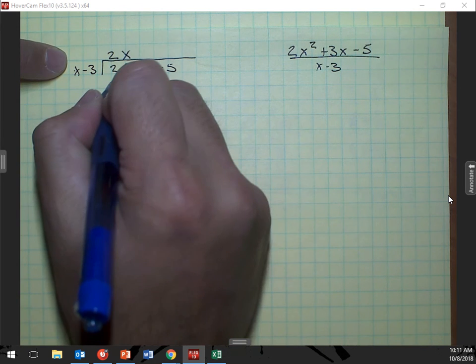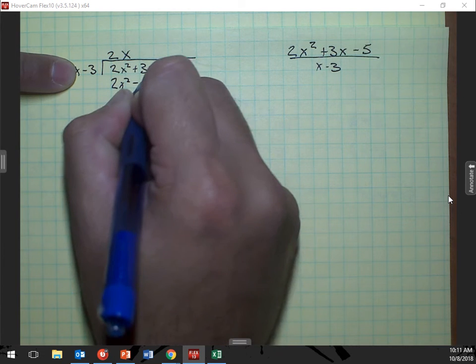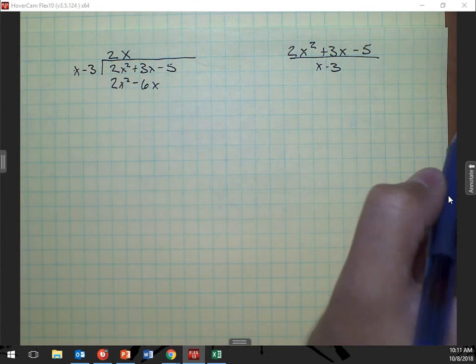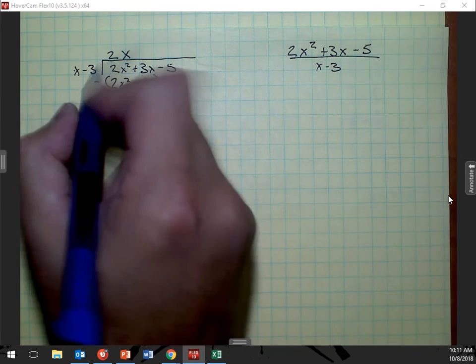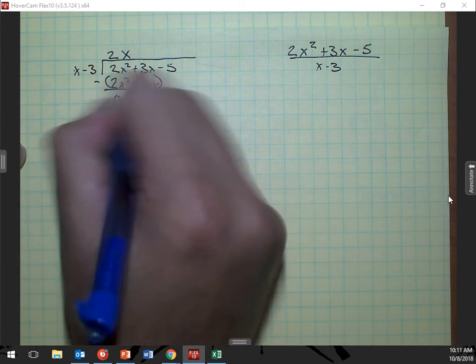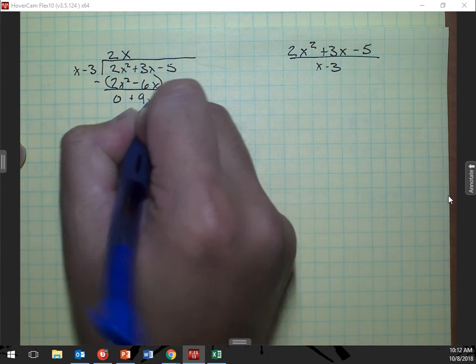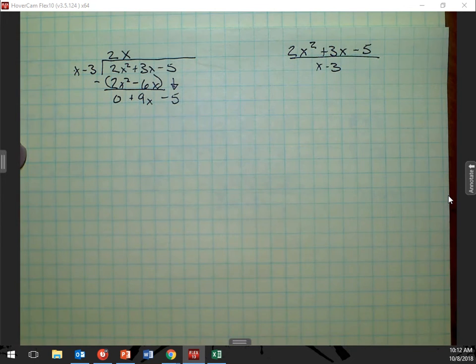That's going to give me a 2x squared minus 6x. Put my parentheses, subtraction. That's going to give me 0, and that's going to give me a plus 9x. Bring down minus 5.